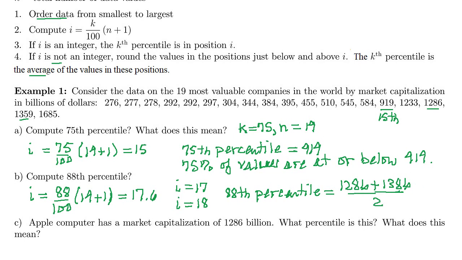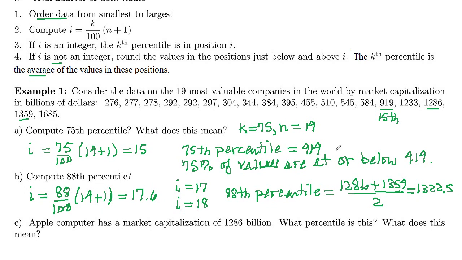And I just noticed here that I said 1359, but I wrote 1386. That doesn't work too well. There we go. And if you average these guys, you'll get 1322.5. So just plug into the calculator. So 1322.5, which is not one of the data values, that is a value though, where 88% of the data is below it.